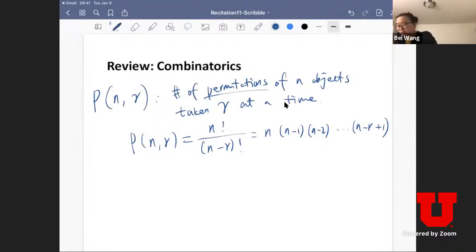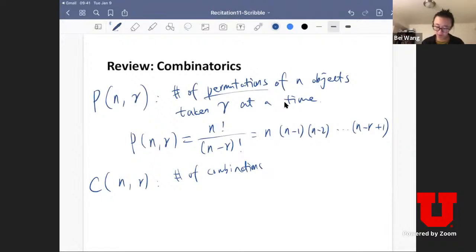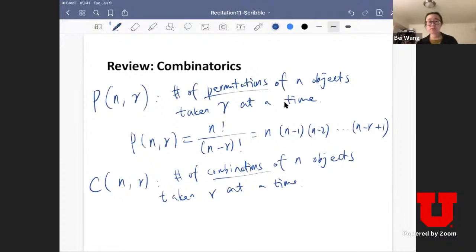Now the second definition that's going to be useful also is counting the number of combinations. So this is counting the number of combinations of n objects taken r at a time. So what's the difference?